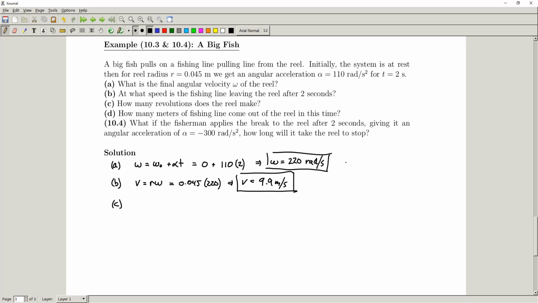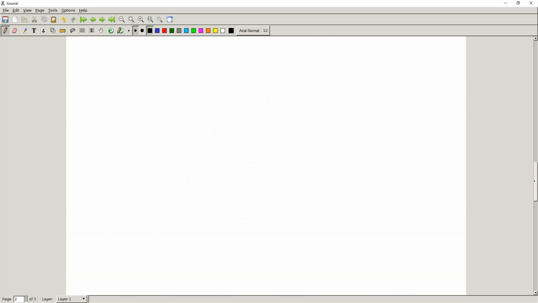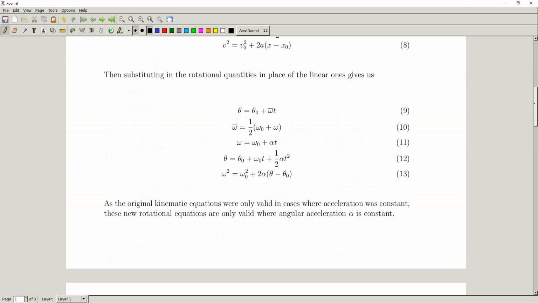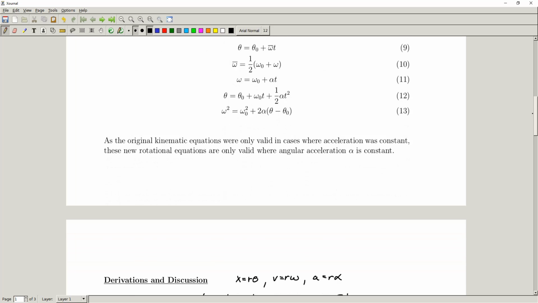But the whole time that we're dealing with this, we have one angular acceleration. Alpha is equal to 110 radians per second squared, and it is that for the full 2 seconds that we're answering these questions. So that means we can apply all of these equations that we generated just a few minutes ago up here, so we can apply equations 9 through 13.